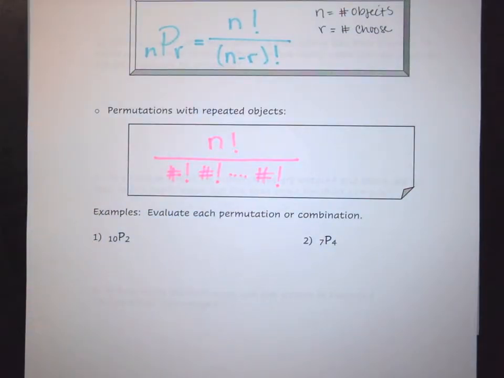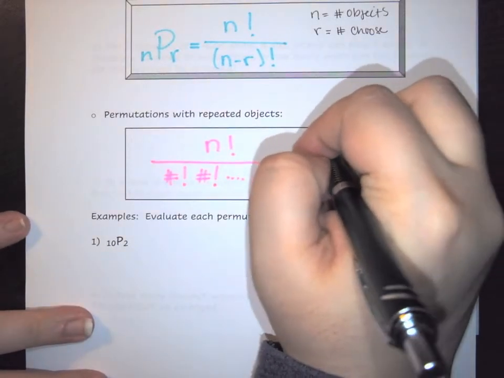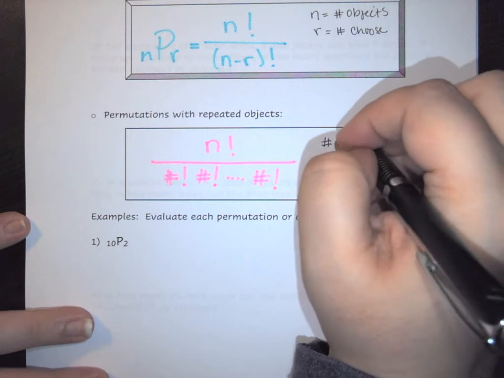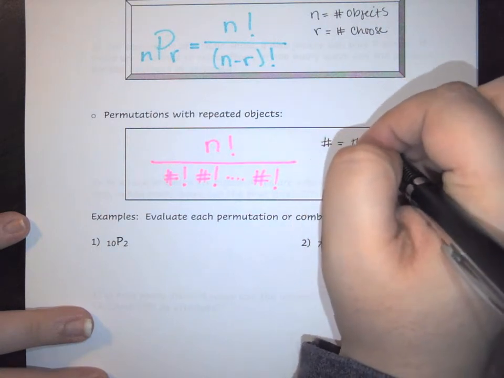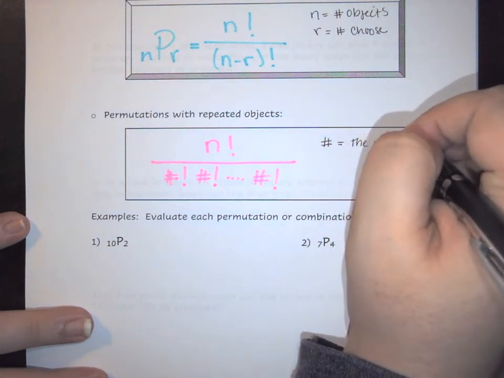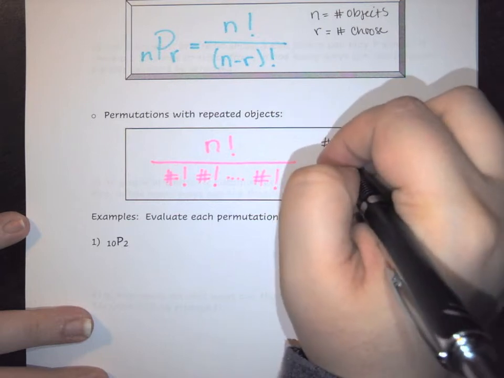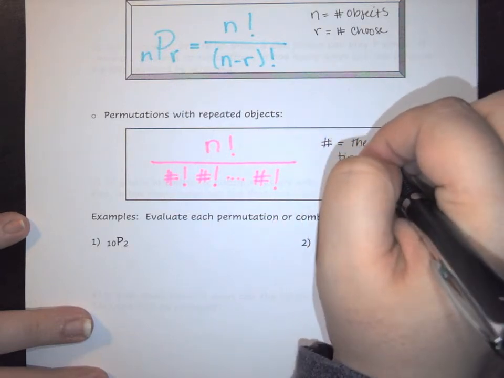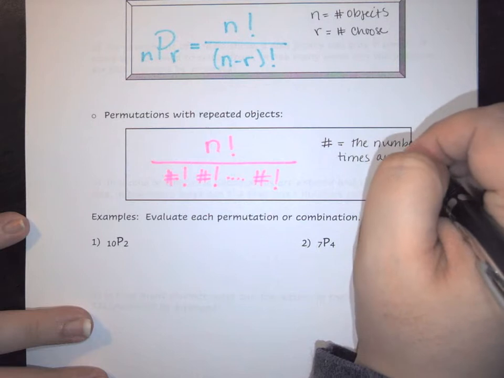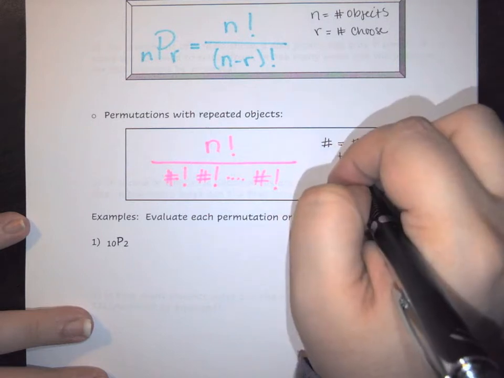Okay. And so in this case, the number is going to represent the number of times an object repeats.